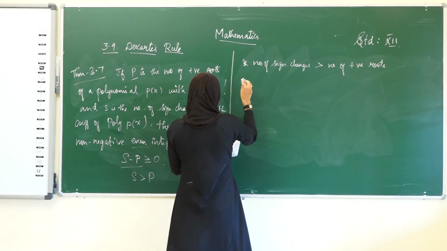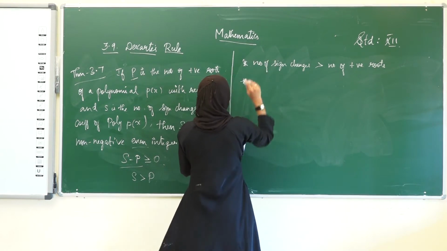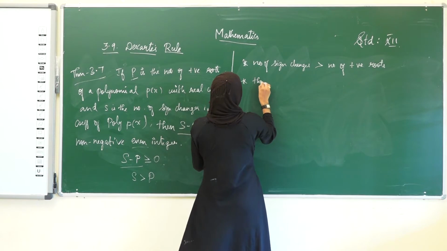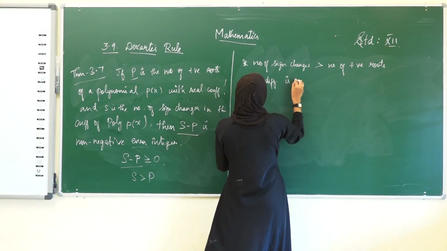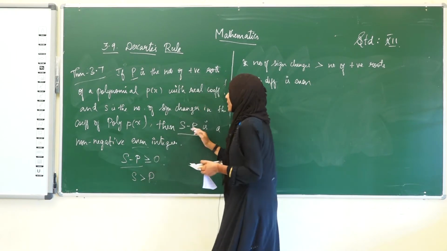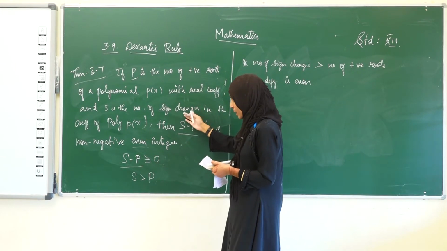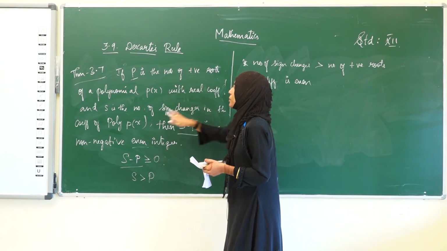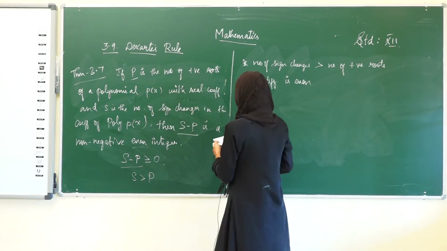Okay, the next thing is the difference between the number of sign changes in the coefficients and the number of positive roots is even. The difference is even, right? They have given in this theorem itself that s minus p will be an even integer. Therefore, the difference between the number of sign changes in the coefficients and the number of positive roots will be even.